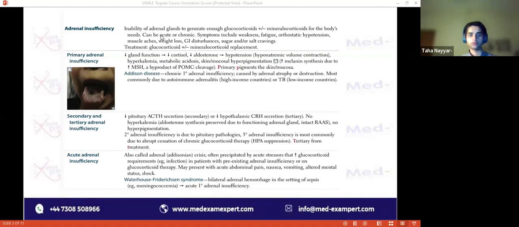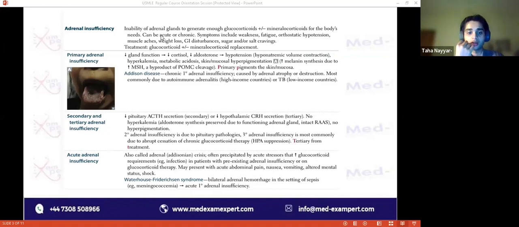I'm sure if you have gone through microbiology, you know that in meningitis caused by Neisseria meningitidis, if that bug causes meningitis, it can cause meningococcemia. And in these individuals, there can be sudden bilateral adrenal hemorrhage that can result in Addisonian crisis. So this is one thing that you should keep in your mind. Acute adrenal insufficiency is also something that can happen, and it happens very quickly.